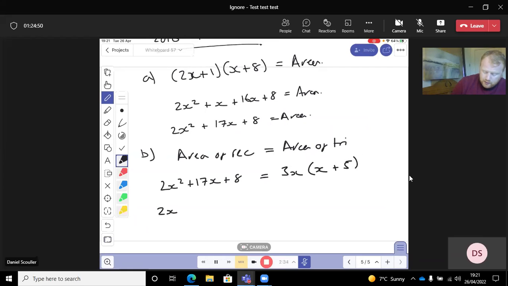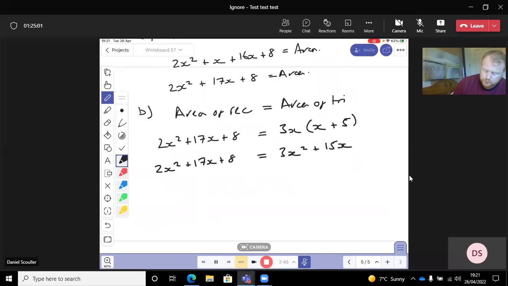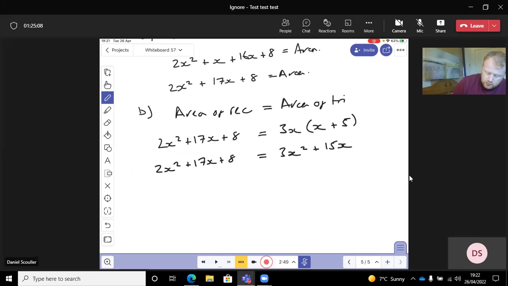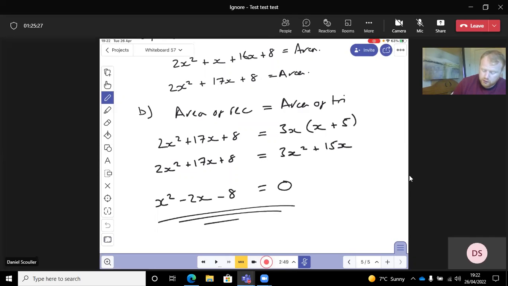So just break that bracket on the right hand side, and then we tidy it up. Okay, so collecting the like terms, and left with x squared minus 2x minus 8 equals 0. Okay, and that is what you're trying to show.